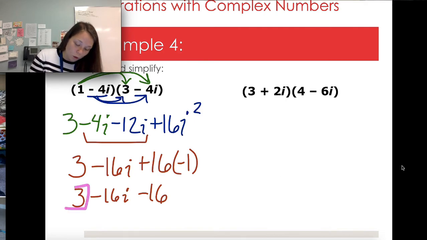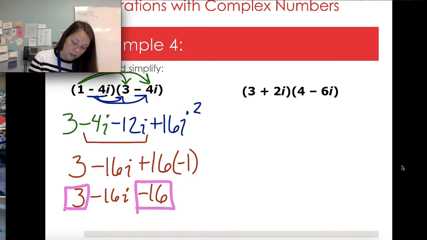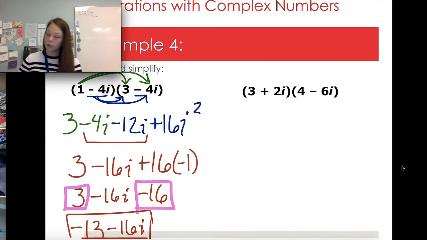Now I have two more terms that can combine, 3 and negative 16, to give me negative 13 minus 16i. And that would be then our final answer for that one. Keep in mind with complex numbers, we always want to write the i term second and the real number first.